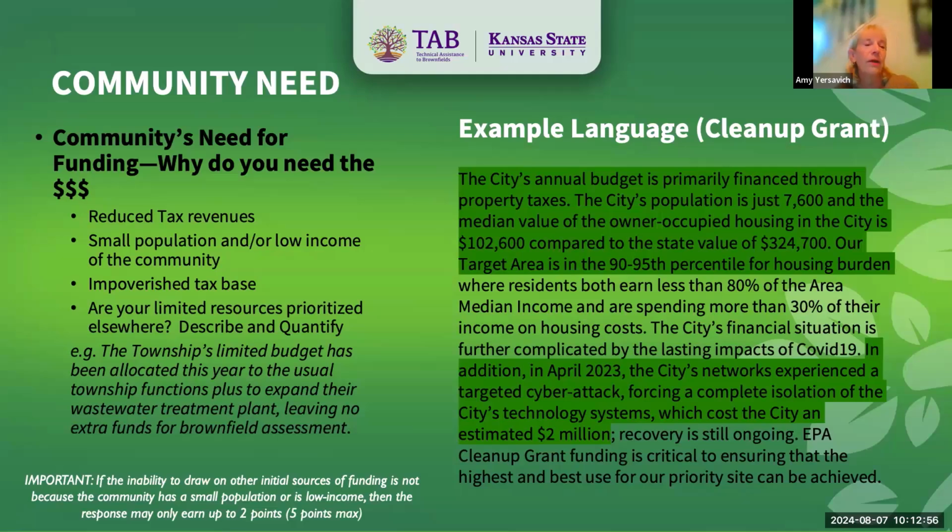Impoverished tax base, that would be a result of people leaving. If you can talk about population changes that have happened over time, either from loss of business to COVID, please discuss that.